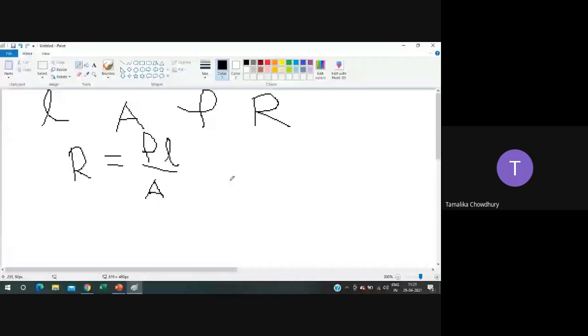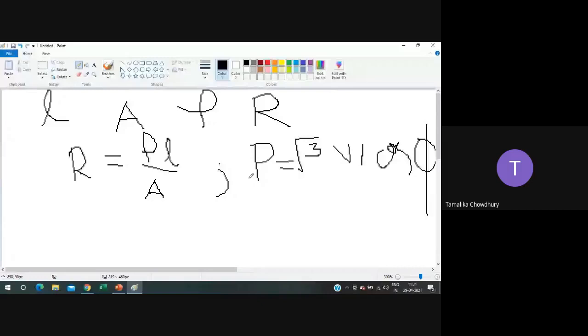Now we have already known the formula that I told, that P is equal to root 3 V I cos phi. Yes, right?